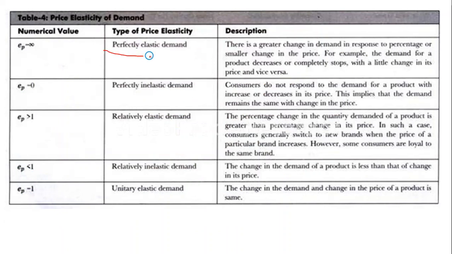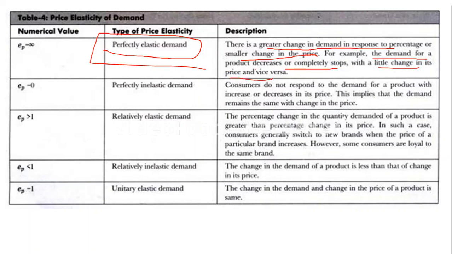So perfectly elastic demand. In this case, what is going to happen? There is a greater change in demand in response to a smaller percentage change in price. Yes, the change in price is very small, but the change in demand is very high here. For example, the demand for a product decreases or completely stops with a little change in its price, and vice versa.